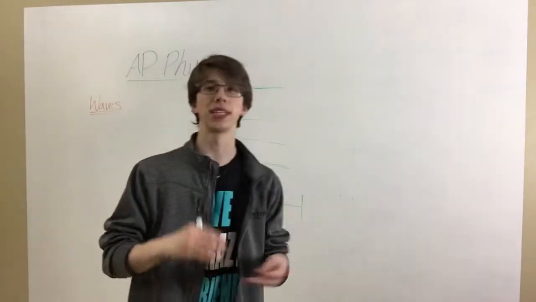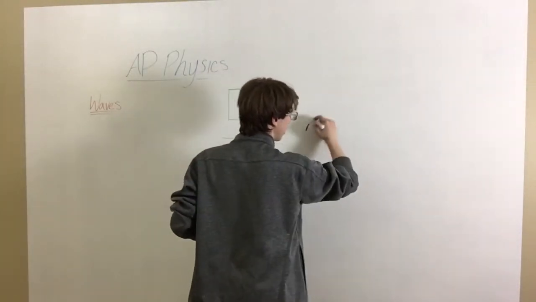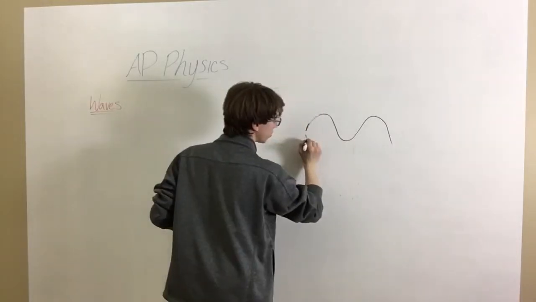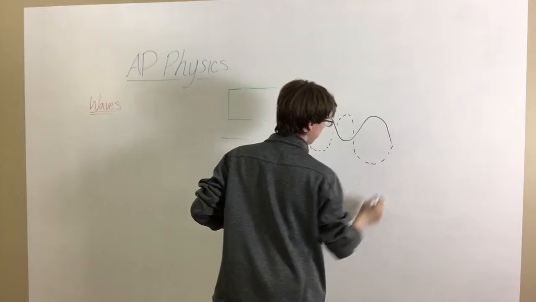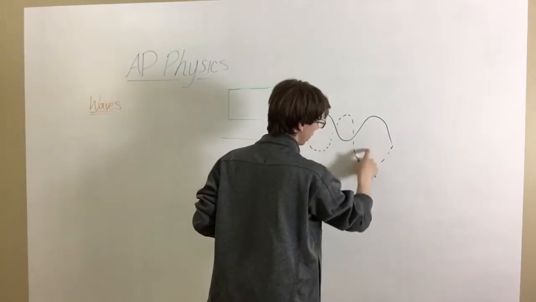Now, a standing wave isn't really standing. What a standing wave really is, is something like this. It feels like it's just going back and forth, back and forth, but it's not.